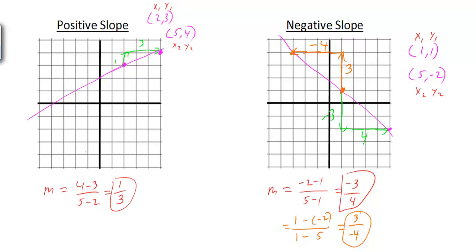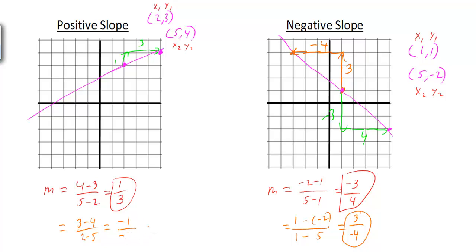And you'll notice over here, if we did the same thing with the positive slope example, again, we could switch the order and we could say 3 minus 4 on top, and then 2 minus 5 on the bottom. And 3 minus 4, we get negative 1. 2 minus 5, we end up with a negative 3.